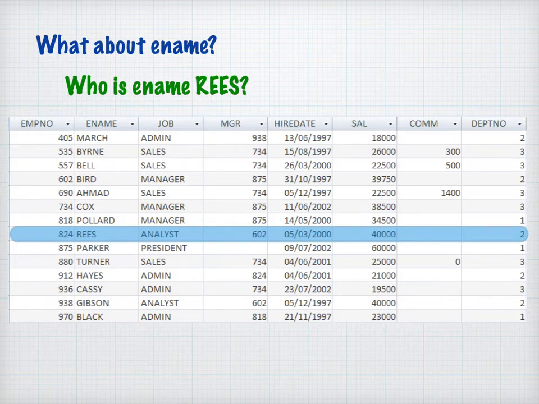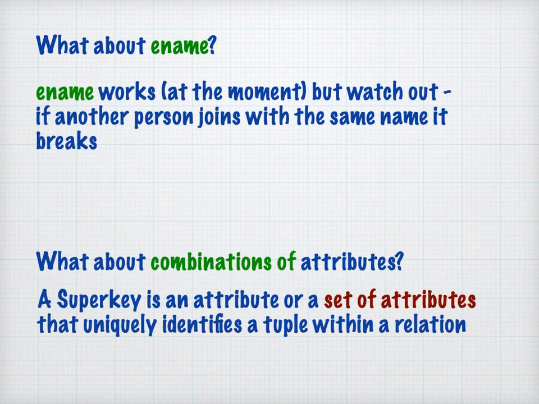And that's that uniqueness definition that we're looking for here. But of course, the thing about ename is that it works right now, but what happens in 5 minutes' time if we employ someone with the same name? So when we're doing this, we have to think about what the data set looks like now, but also what the data set will look like in future.